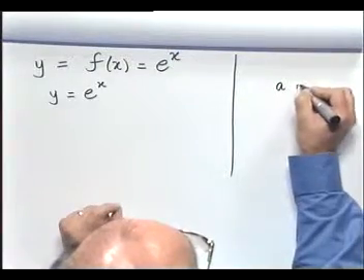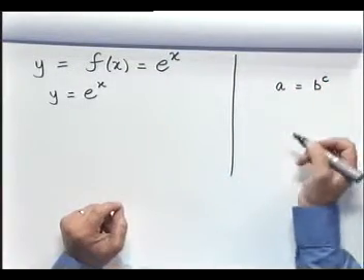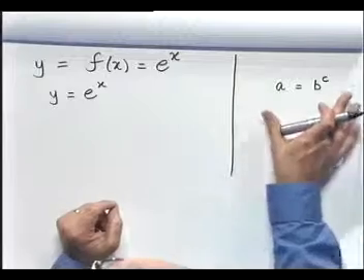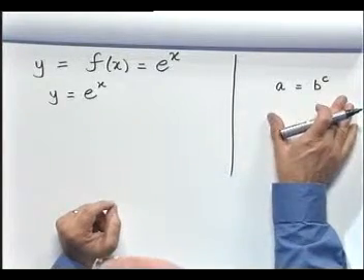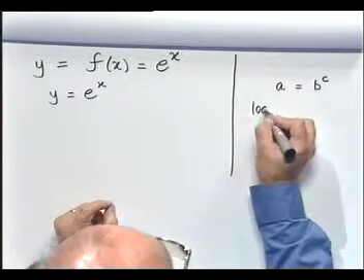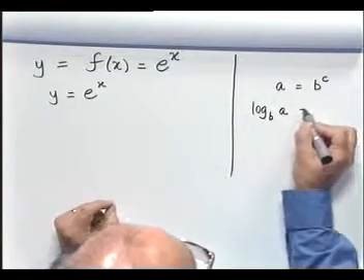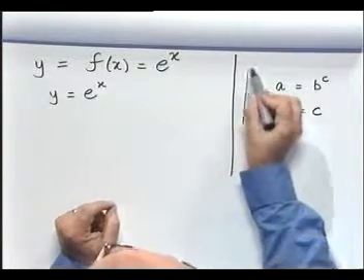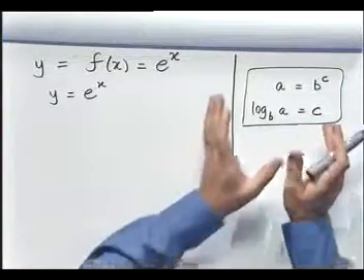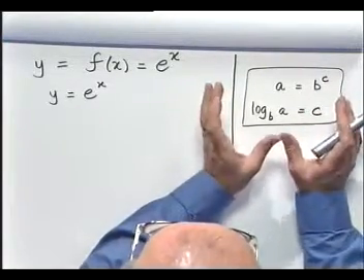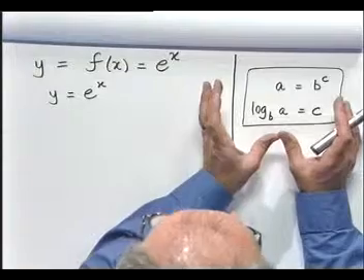If a equals b to the power c, an alternative way of writing this expression is that the logarithm to base b of a is c. This is something that's been discussed at great length in the unit on logarithms, but it's a result that we'll need here in order to differentiate the exponential function.